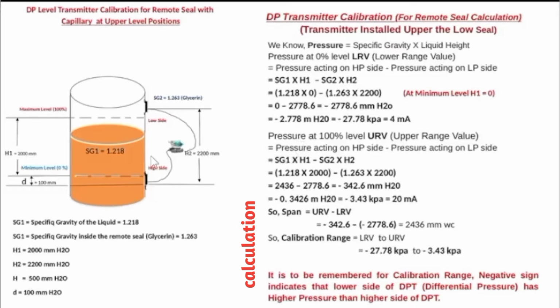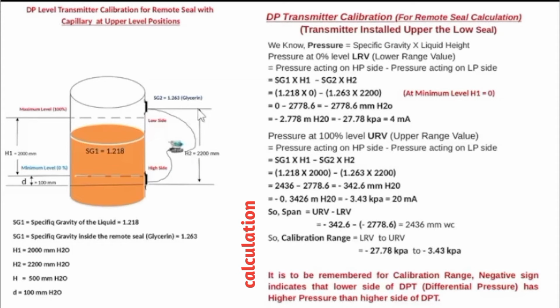Again, on the other hand, when the level is 100%, that means at this stage we have to measure the URV. When level is 100%, that means this position, the maximum level, the liquid density and height will be specific gravity 1.18 into height 2000 millimeter, this one, and minus the LP side.